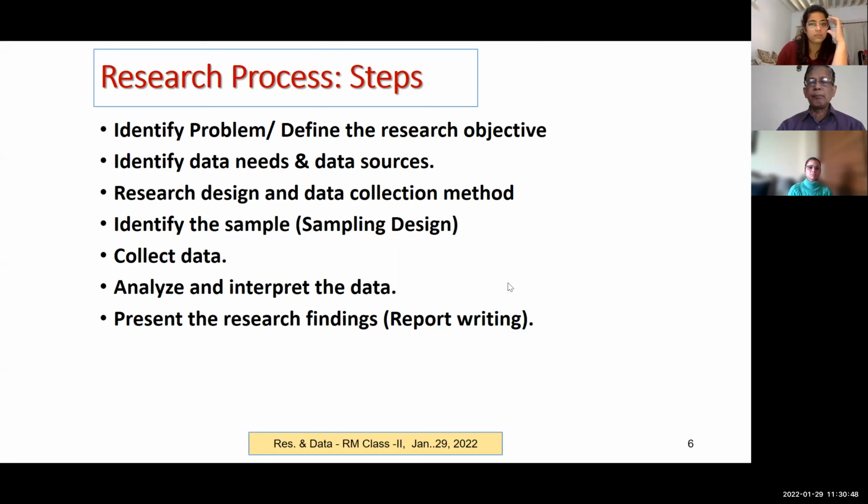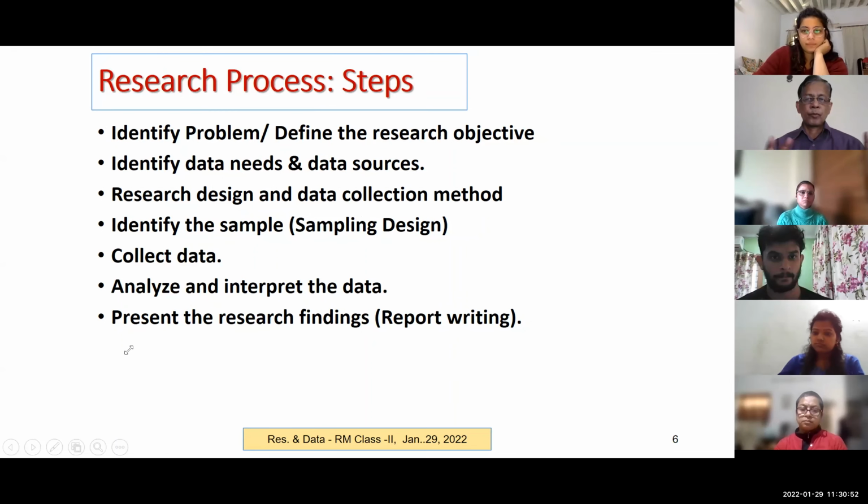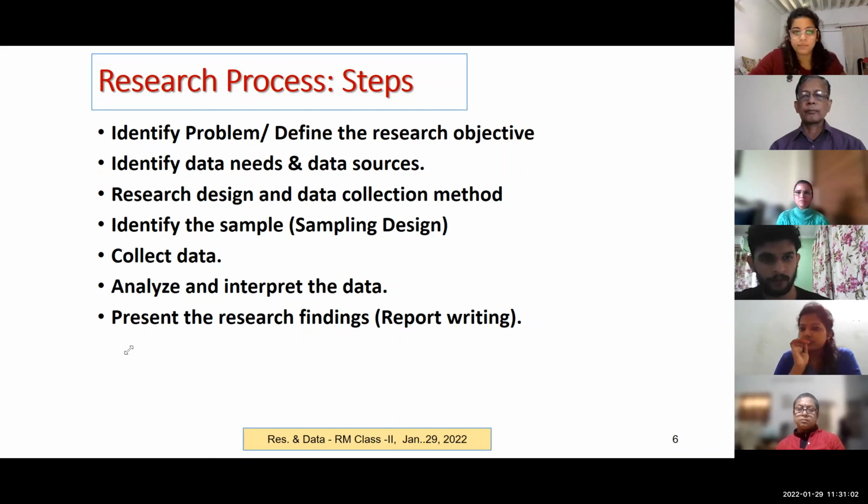Can anybody please help us by giving a small example so that all of us are clear? I request you to please participate. Sir, I think data sources means the respondents that you are supposed to be inquiring. Can you give a small example?